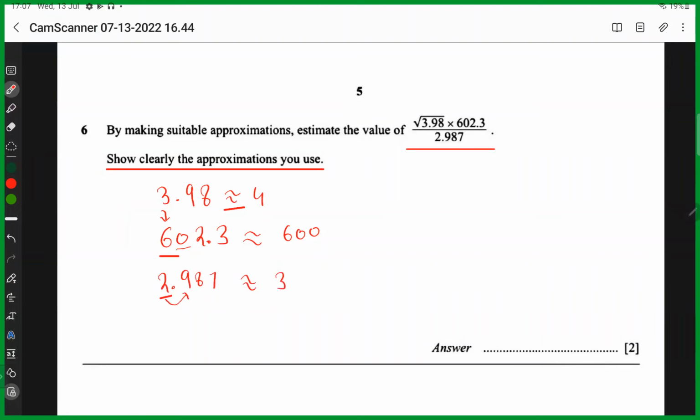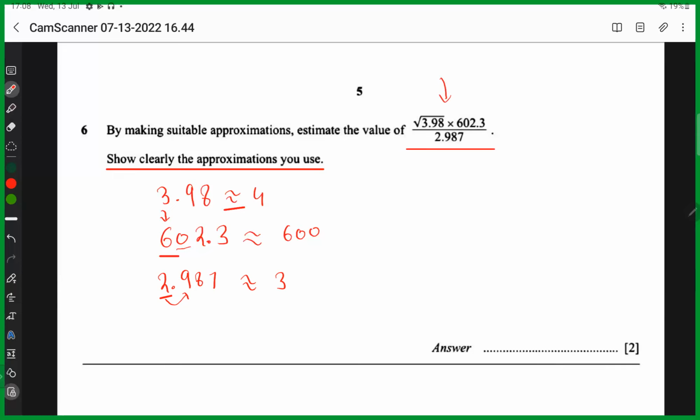For those who have just joined, we are basically just revising a past paper question in order to revise some old concepts that we have just discussed. We have discussed estimation. And in estimation, we talked about significant figures and rounding off and all that content. So we had to approximate the value of this thing. In order to do that, we need to round off all these three numbers.